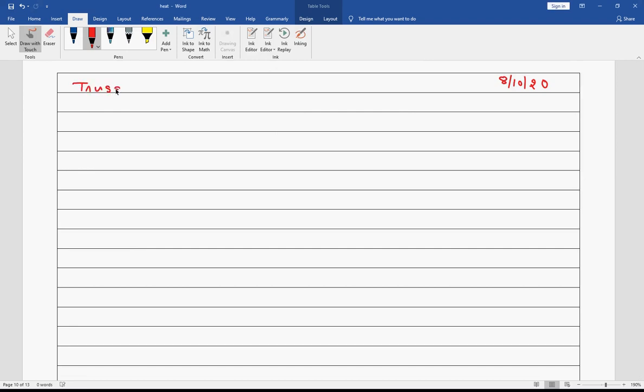Okay, so we are going to have a truss element now. And for that truss element we have to derive the mass matrix.